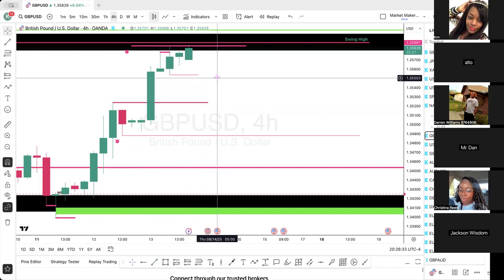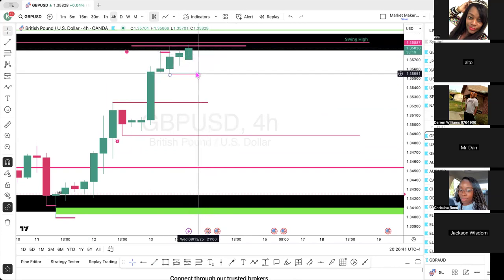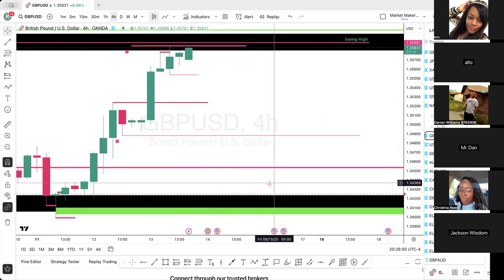Might even pull back here. I'm going to look for a supply zone. It has to be an order block with an imbalance. Heavy. Yep. And then I'm going to sell it back down to here.